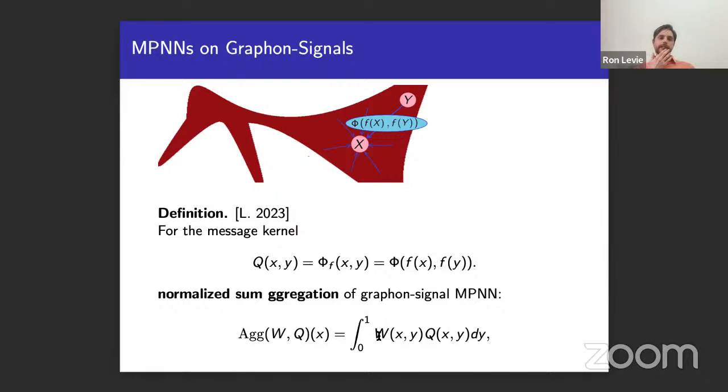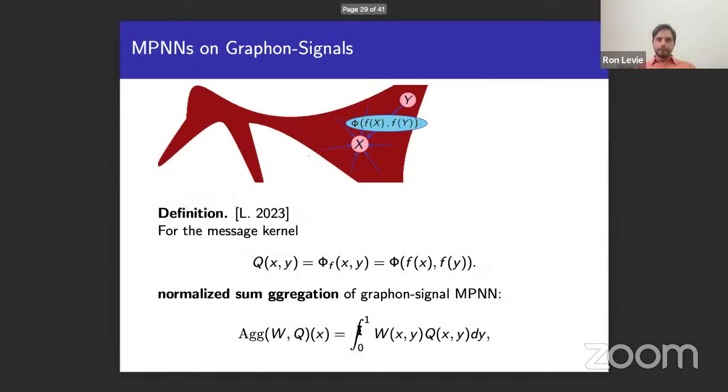And then you can show that this is in some sense the canonical definition, because if we start with a graph and induce a piecewise constant graphon from it, and then apply integral aggregation, we get exactly the same thing as doing normalized sum aggregation on the graph and then inducing a graphon. Okay, so this is the natural extension.